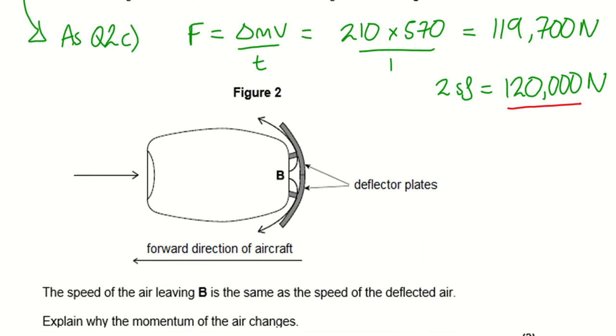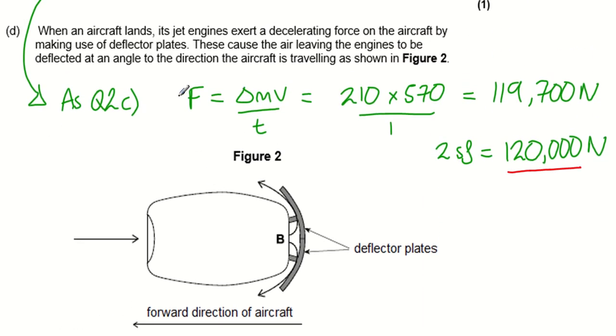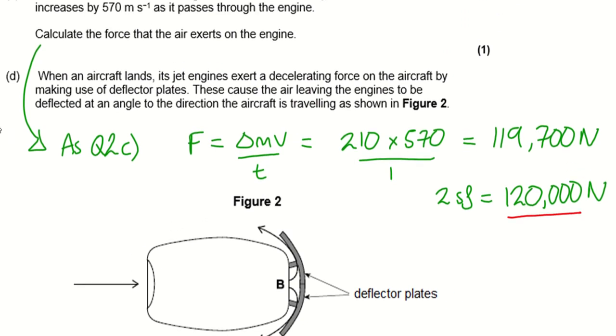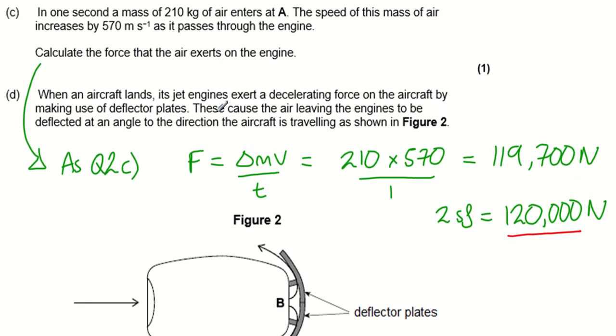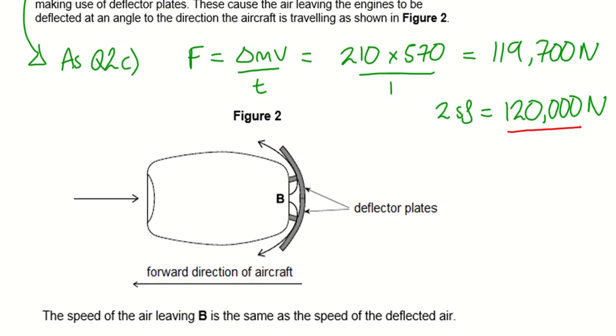Now, here we go with the deflector plates, they're calling them, for the aircraft being decelerated once it's got down onto the runway, and they cause the air leaving the engine to be deflected at an angle to the direction of the aircraft. So it's not coming out straight backwards, it's coming out at an angle, but it's no longer going the same direction as it was when it came in.